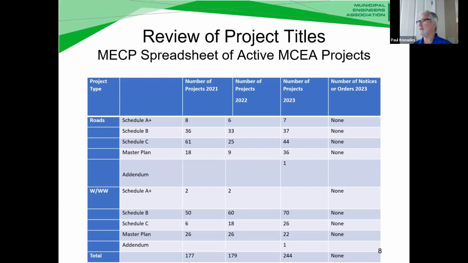Fair number of master plans. But when I actually start looking at the detail of the spreadsheet, and you see there's 7 Schedule A road projects this past year, and you start reading the titles of them, they're not really projects that should be in there.